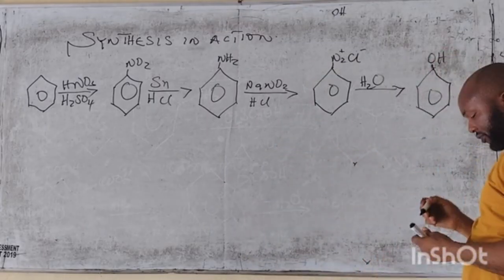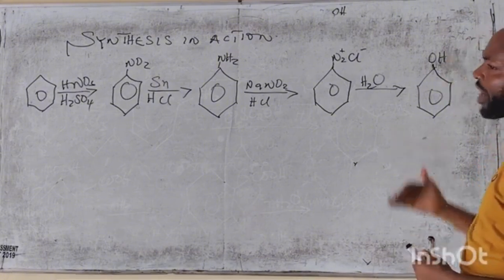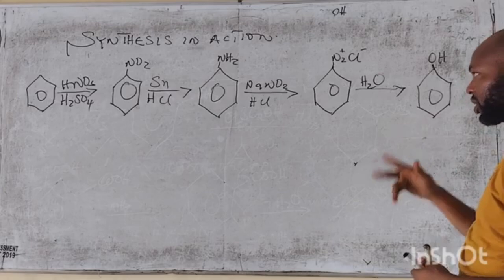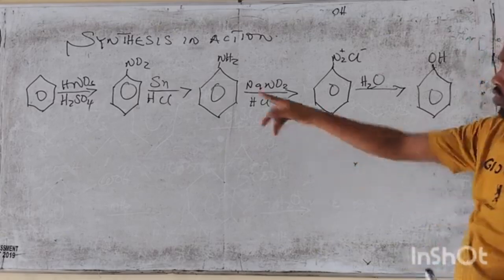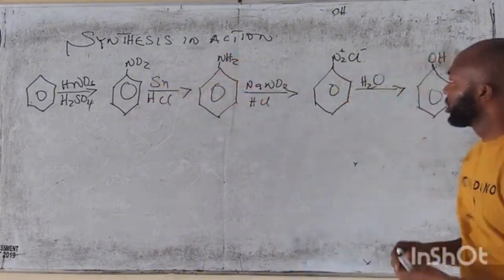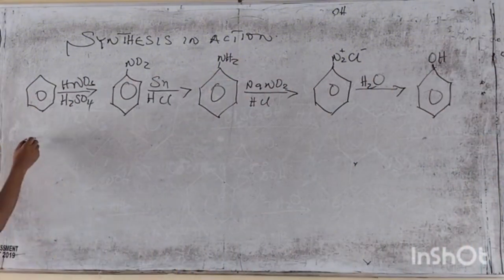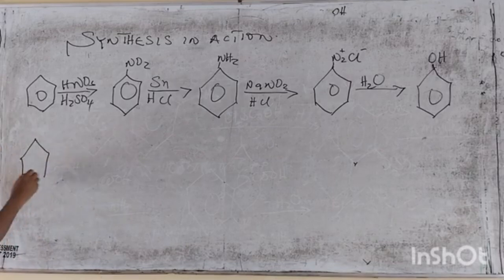So now we move. If I have phenol, I want to put an amino group. I must go through almost the same principles from here to here. So from here, my phenol will come this way. I have my phenol.